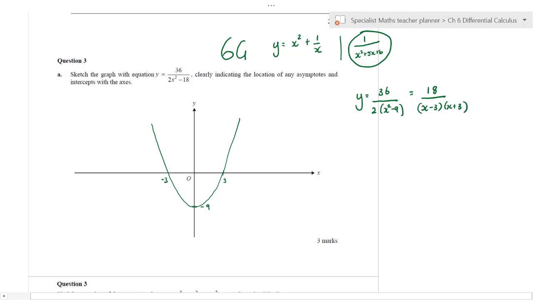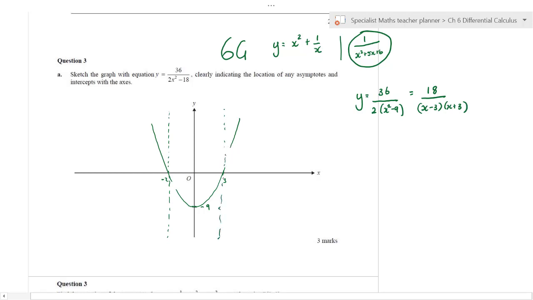So you can see that the intercepts of the quadratic would become asymptotes. Now you do not have to draw the quadratic to get your marks, of course, but I'm just trying to explain the process.